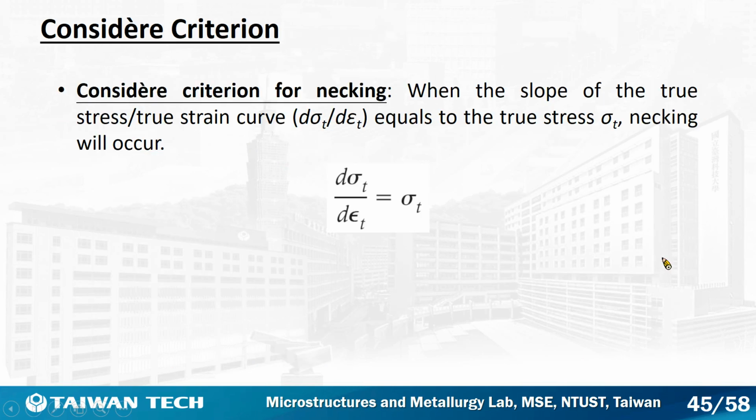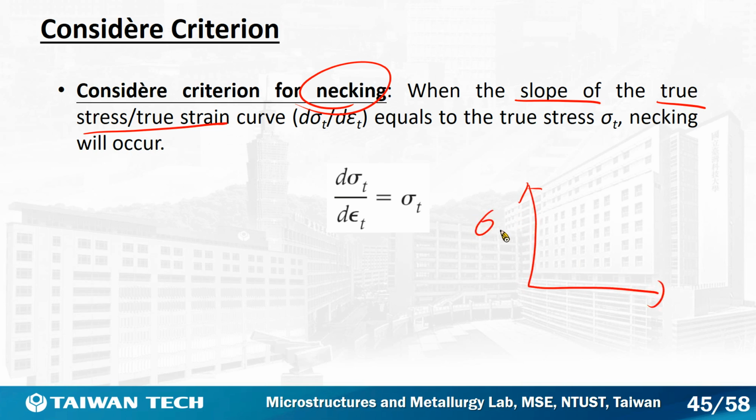Okay, and after we learn about necking and true stress and true strain, we can talk about the Considère criterion. These are the equations, and we will not derive it here. So for the necking behavior, look at the slope of the true stress and true strain curve, like this one, right?